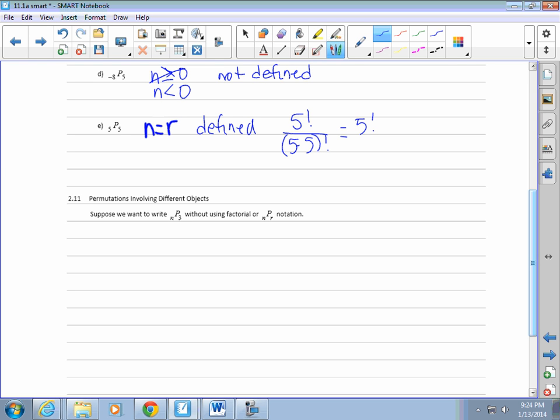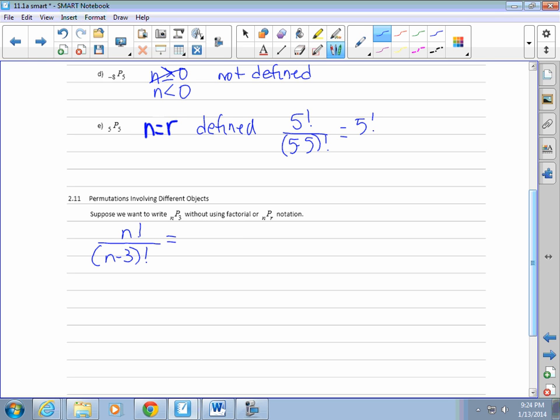Okay, and the last one on this page says, suppose we want to write NP3 without using factorial or NPR notation. I don't know what my n value is. So NP3 would mean I would have n factorial over n minus 3 factorial.